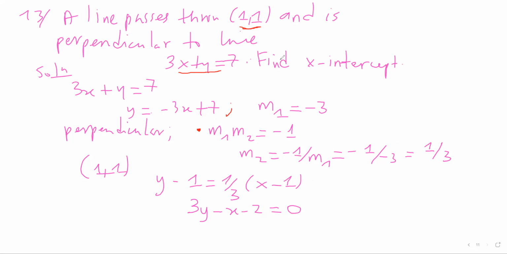And with that, we can write the equation of the line that passes through the point (1, 1) and has gradient 1 over 3, which is 3y minus x minus 2 is equal to 0. But what we're actually looking for is the x-intercept.